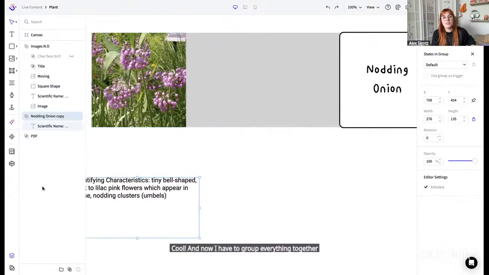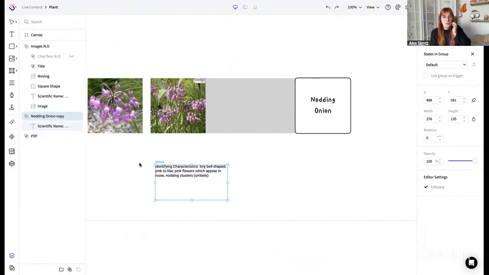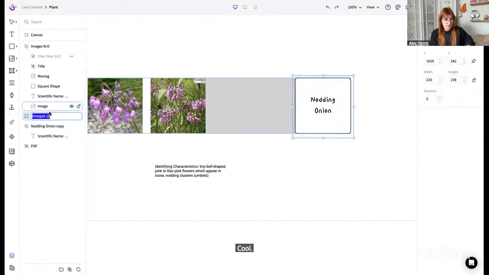So I'm going to take this, I'm going to move that out of the way. Okay. So let's add our first hover state. Cool. Now I'm going to name this title hover state.